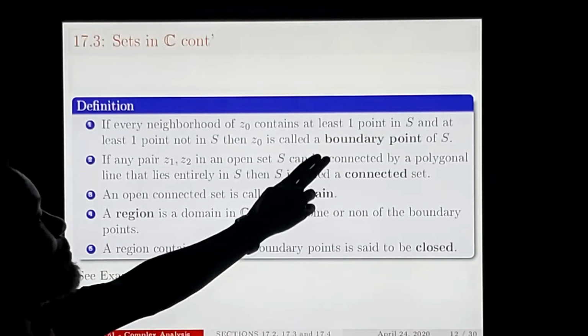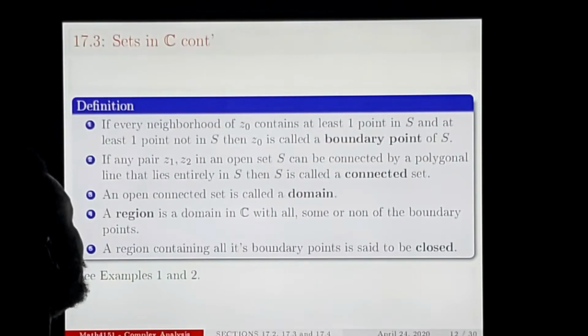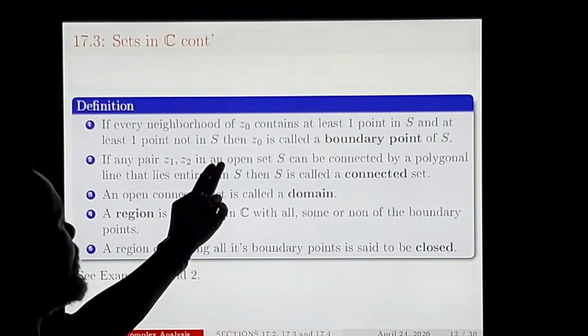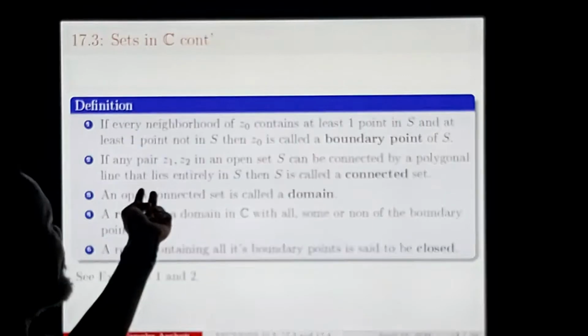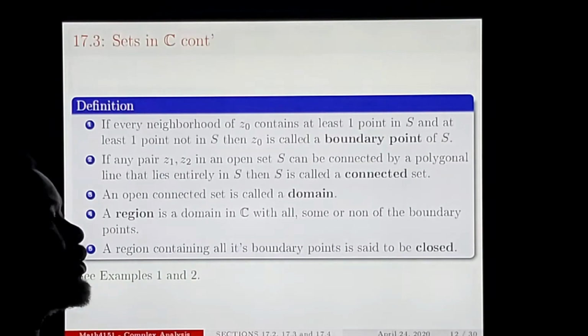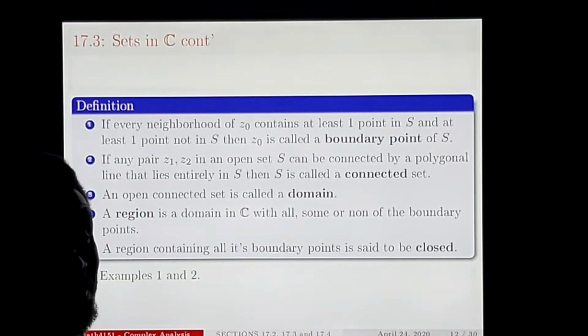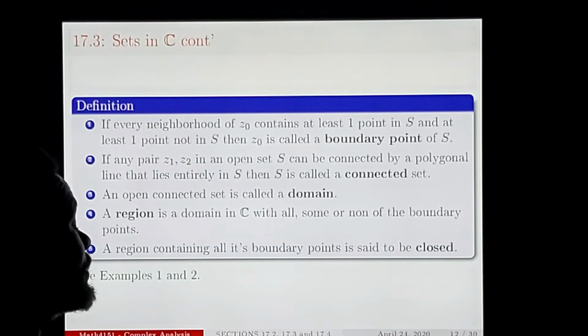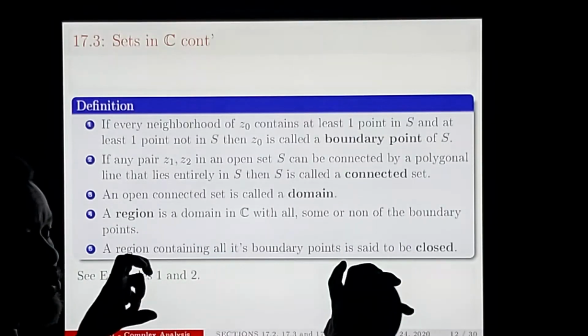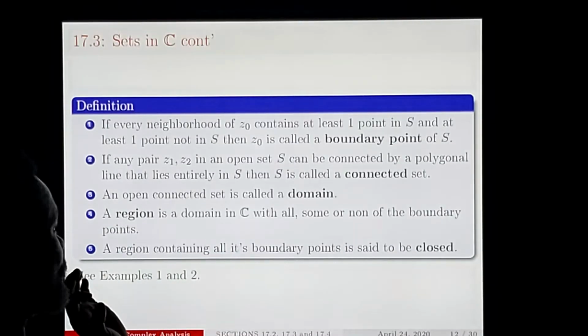Such a point is a boundary point of S. If any pair Z1, Z2 in an open set S can be connected by a polygonal line that lies entirely in S, then S is called a connected set. Well, a connected set is simply, like the term says, connected. It's in one piece, okay? If the set is not connected, then it's disjoint. It's in two or more pieces.